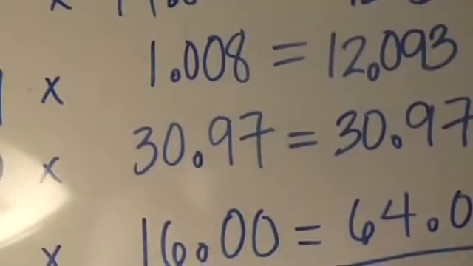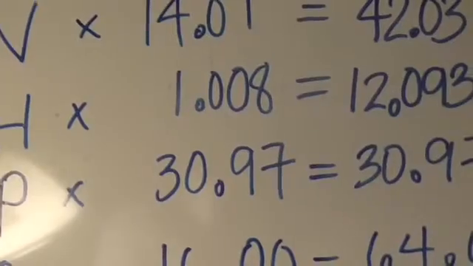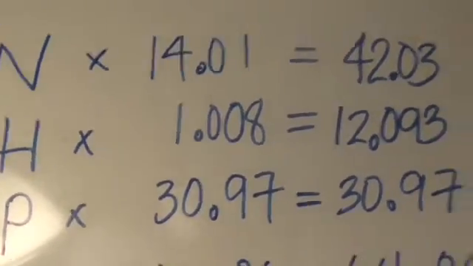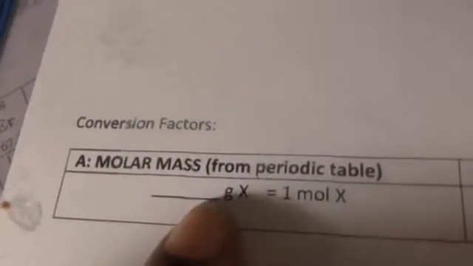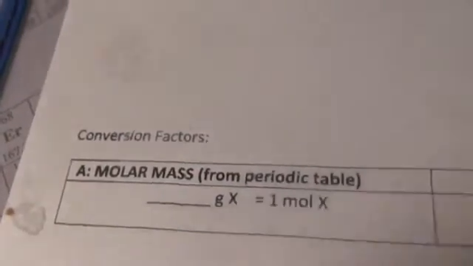And you're going to wind up with 149.093. And remember, our conversion factor for A, that's this one, molar mass, is always going to be blank grams of X. We change X over to the substance, is equal to 1 mole of X.